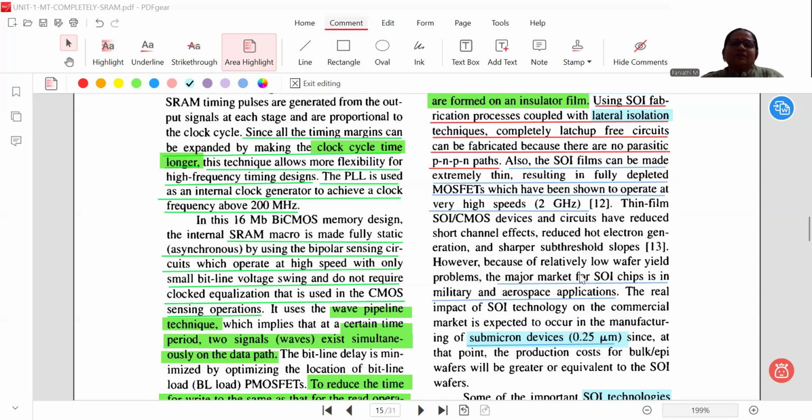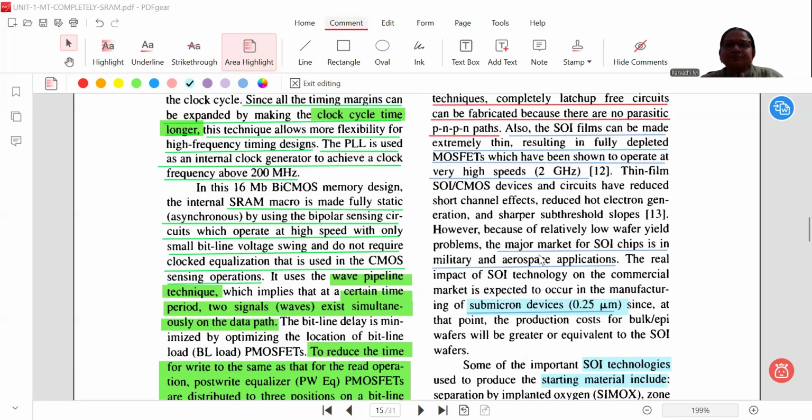In the CMOS case, to make the device turn on, we need to spend more voltage on the gate, or the device potential. But in the case of SOI, because of the construction, with a small input voltage the device goes into operation. So it reduces the hot carrier effect also. Another advantage is sharper subthreshold slopes.